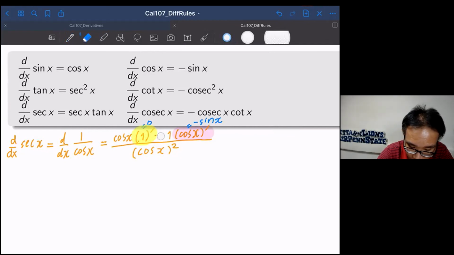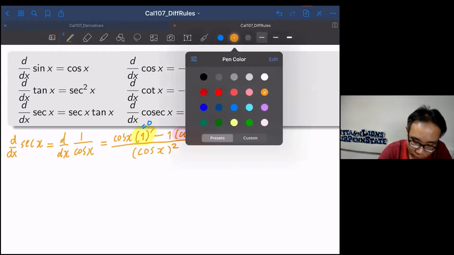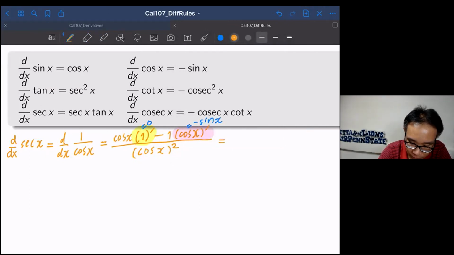So this guy should be minus sin. Sorry about that. So it's going to be the bottom times the derivative of the top minus the top times the derivative of the bottom over the bottom squared. So the negative will become positive. So it's going to be sin x over cos x squared.